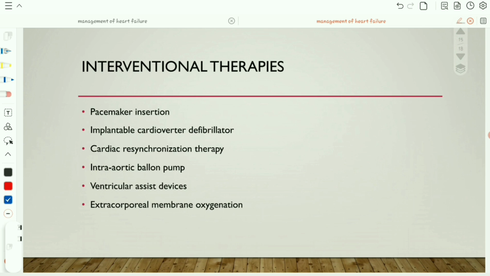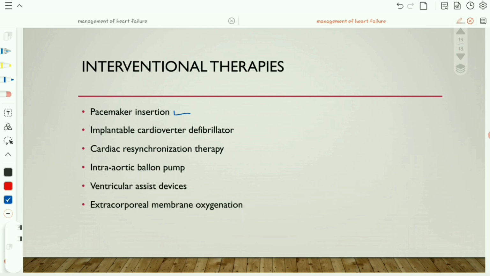Okay, now beyond the non-pharmacological therapy, we also have some other interventional therapies, such as pacemaker. I'm sure by the time you get there, your examiner might tell you to round up. But just to speak further, interventional therapies include pacemaker insertion, implantable cardioverter defibrillator, cardiac resynchronization therapy, insertion of intra-aortic balloon pump, ventricular assist device, extracorporeal membrane oxygenation.